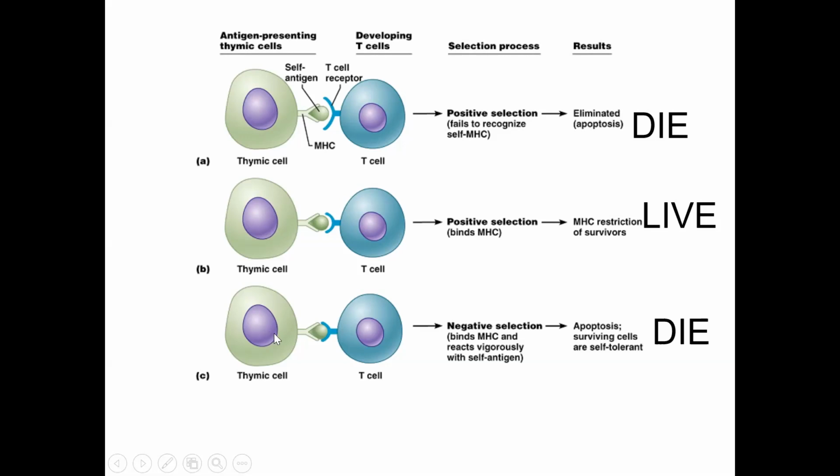All right, so you don't want that. Only this middle part, the T cells which can recognize your self-antigens but do not react to them, those are the T cells you want to save. This whole selection process is called T cell maturation.